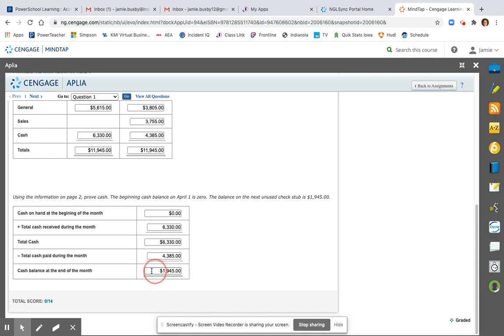Based on our calculations, based on our journalizing, we think we have $1,945 in the bank, which is exactly what the instructions tell us we have. So we have proved cash at the end of the month. And that is chapter 3. We have completed an entire journal, several different transactions, and it is complete.